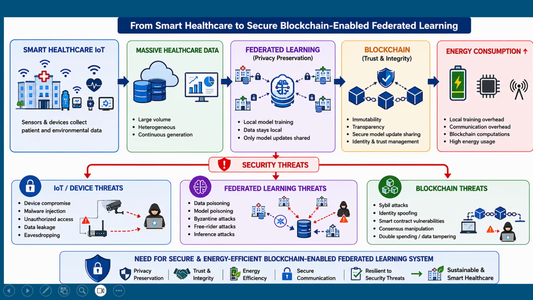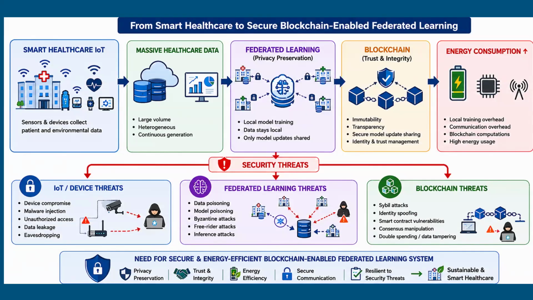Similarly, trustworthy and integrity systems can be implemented with the help of the blockchain. Blockchain has its own specific features like immutability, transparency, and identity and trust management features. Utilizing all these things, it can improve the security. But utilizing these two definitely leads to more energy consumption.